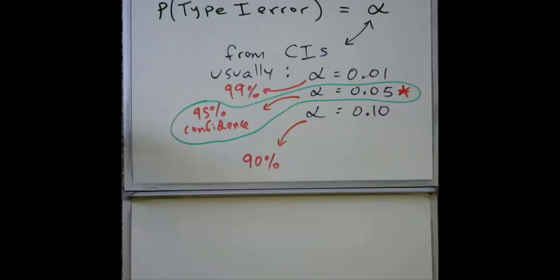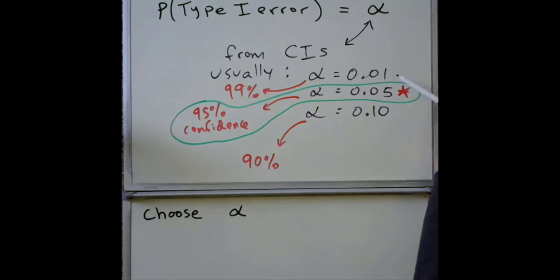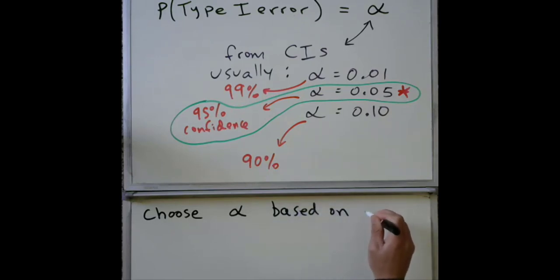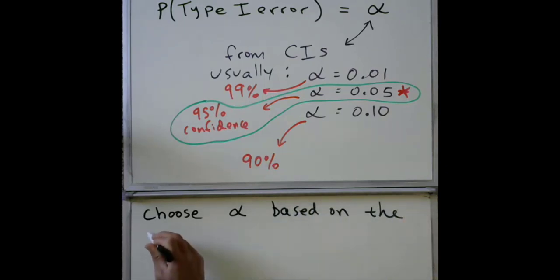So the probability of making a type 1 error is something that we have power over because we usually choose alpha. The choice is usually 0.05, and that's sort of the default, but it can be altered, right, to one of these other values based on the consequences of a type 1 error.